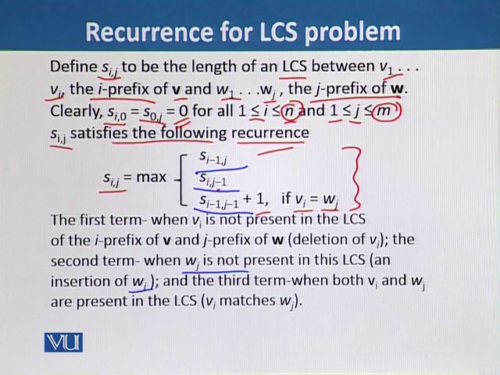And the third representation is when both Vi and Wj are present in the LCS.